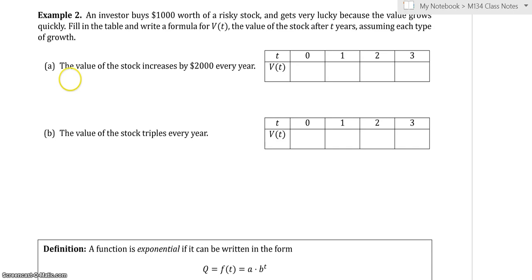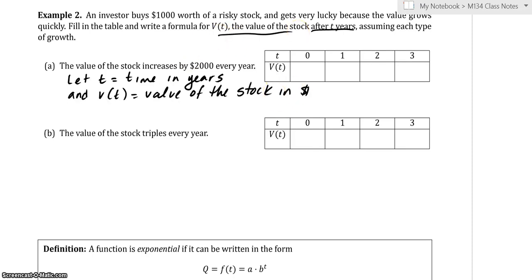Let t be the time in years, and V of t be the value of the stock in dollars. At 0, what do we start with? We started with $1,000. It increases by 2,000 every year, so we're going to add 2,000. This would be 3,000. Add another 2,000, and add another 2,000. That would be the table.